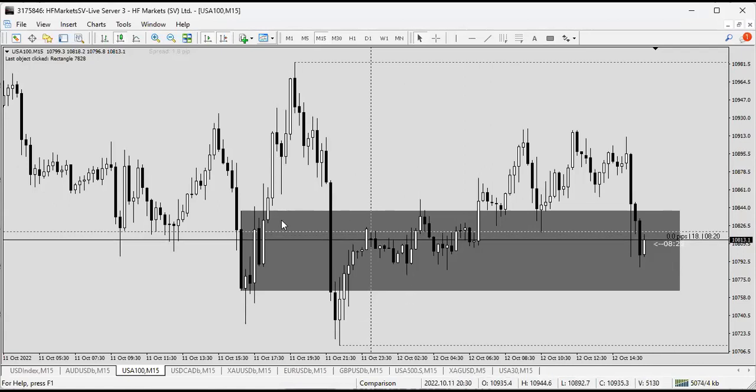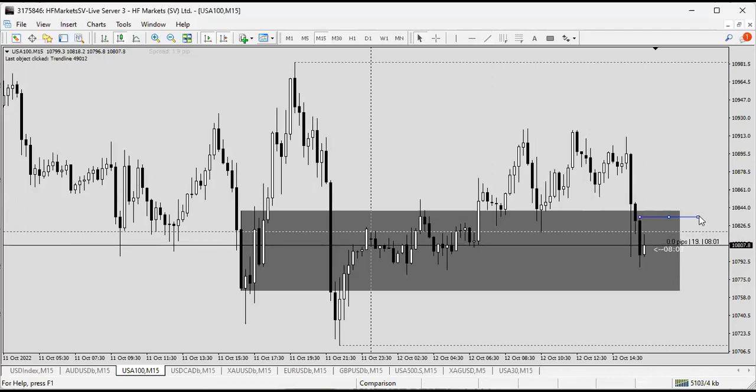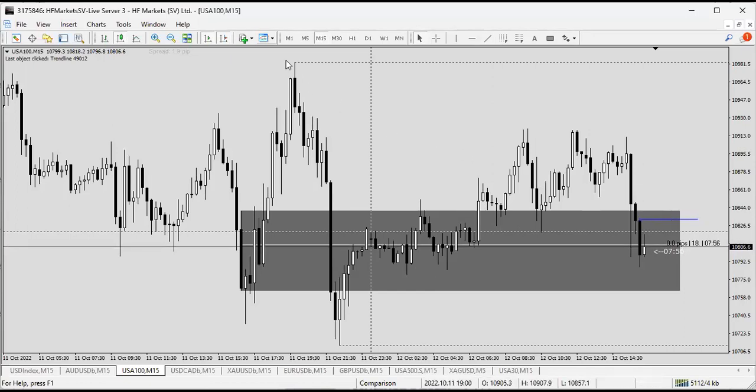Now we're retracing back inside here. We're inside the order block, closed above it here. So that's our liquidity inside the order block, our liquidity just taken. So this candle's high. Once that gets taken, I'd be bullish on this time frame.